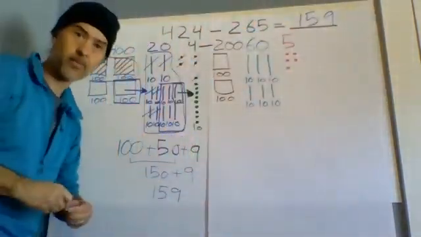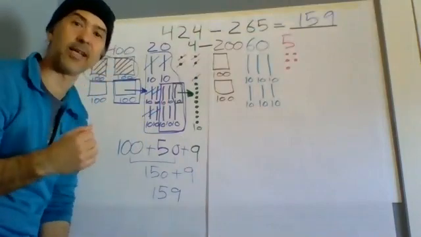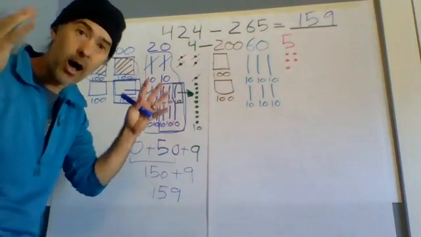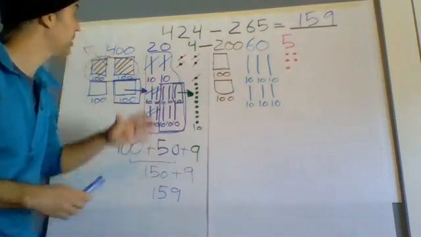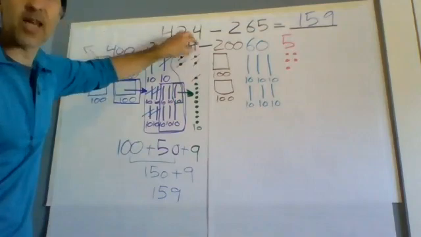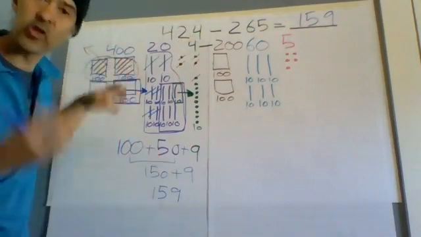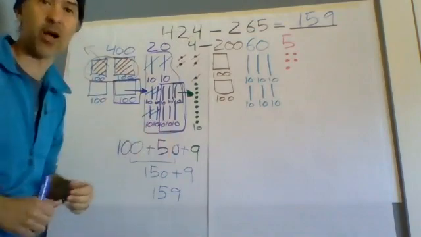159. So the big takeaway here is, kids, when you have subtraction within 1,000 in this case, write out the number in place value. Draw the number out in terms of representing those base 10 blocks.